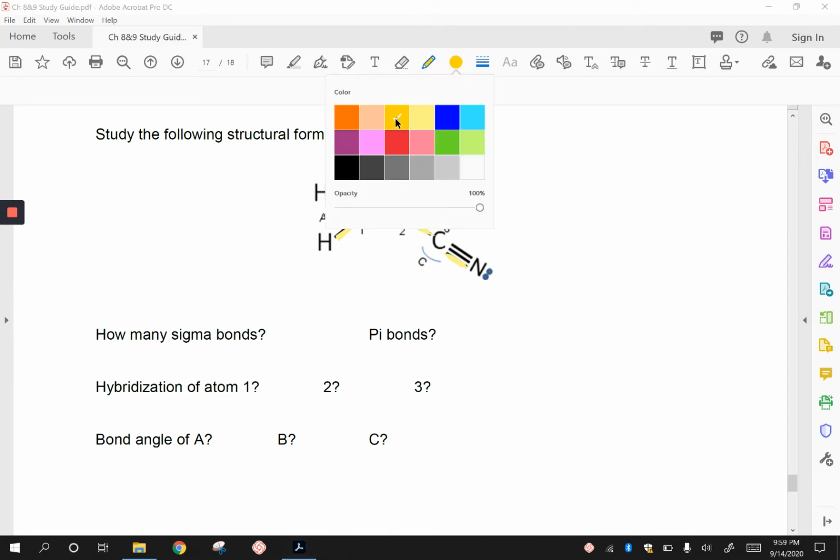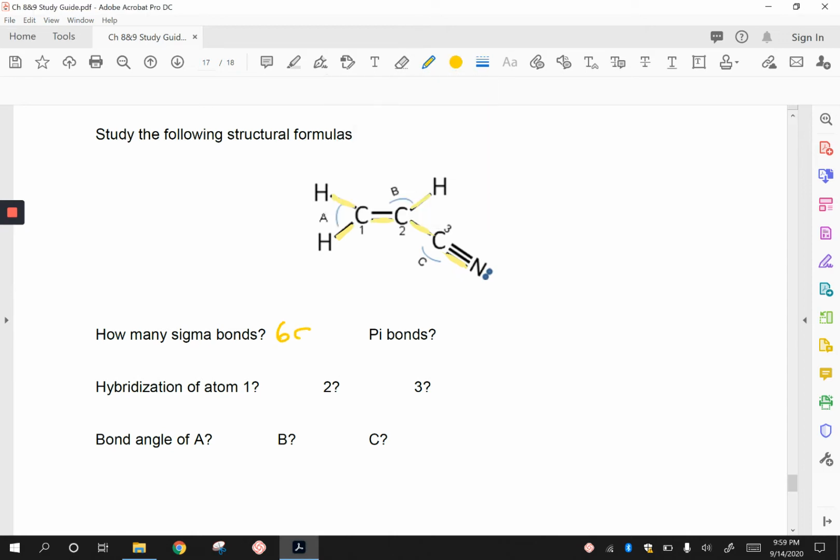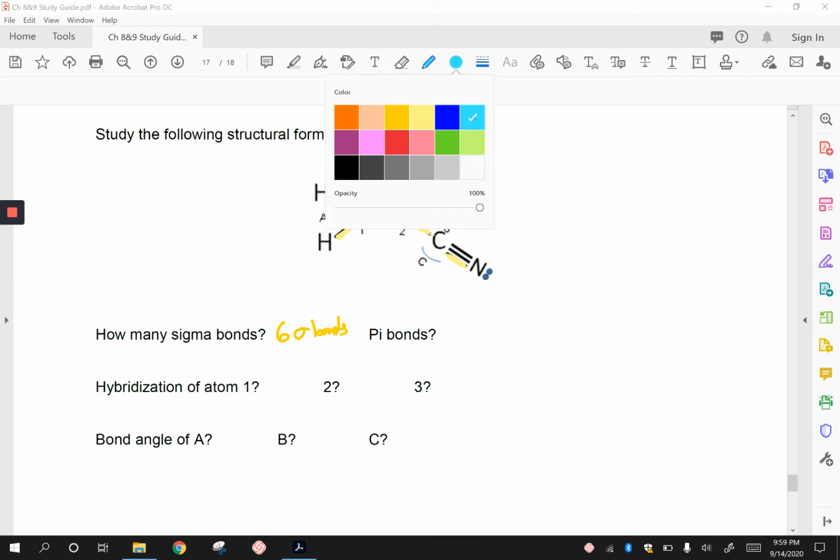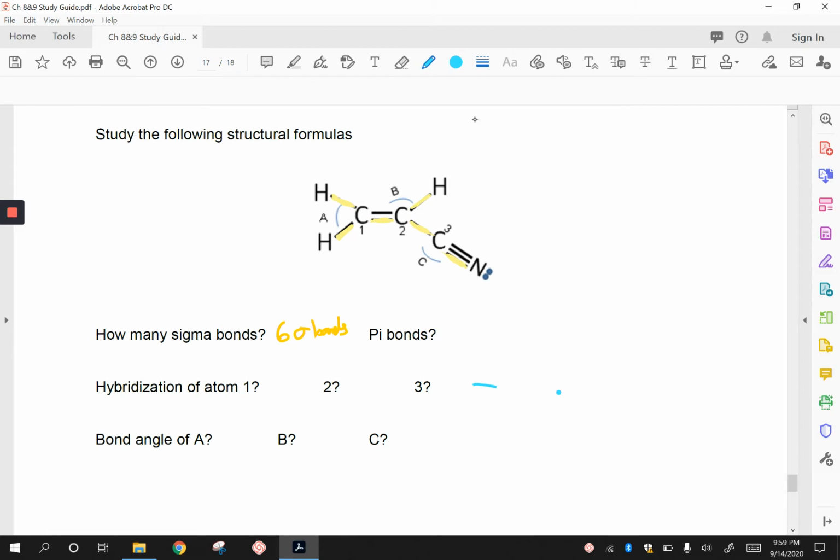So 6 sigma bonds. Okay, how about the pi's? The pi's would be a second or a third overlap. So this would be a pi bond, this would be a pi bond, and this would be a pi bond. So we have 3 pi bonds here.